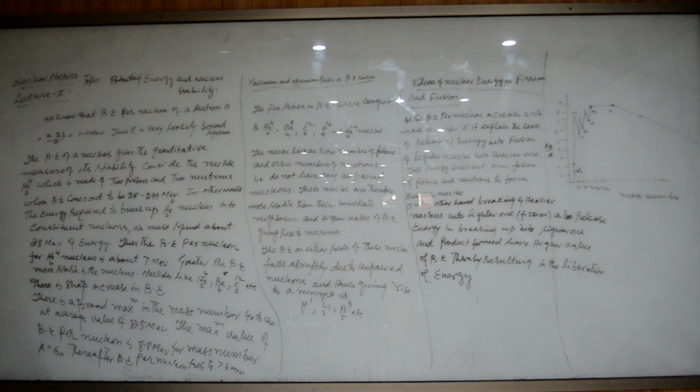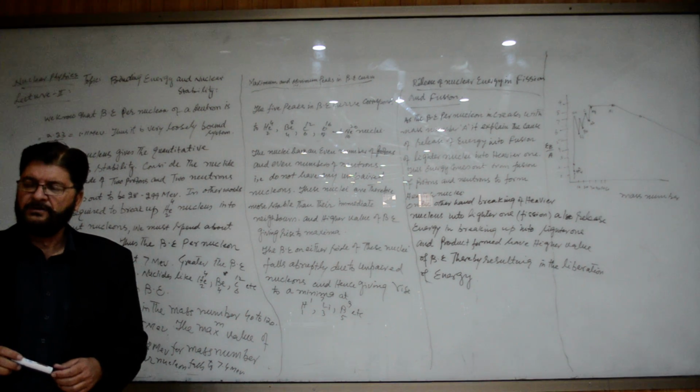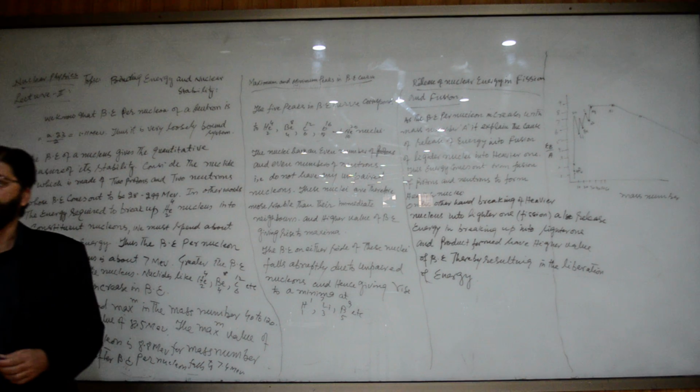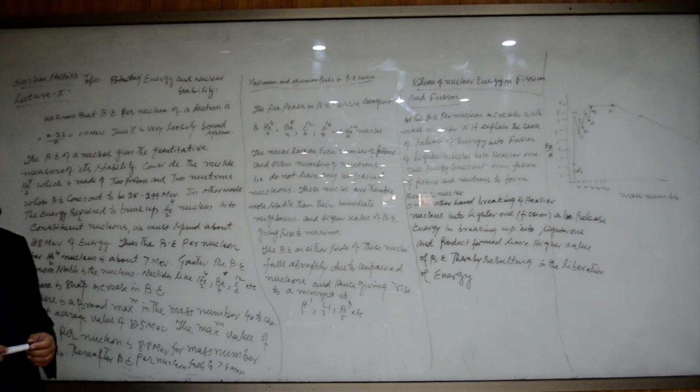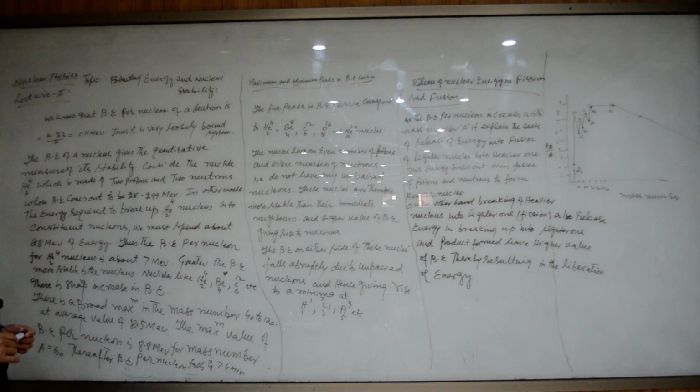As we know that binding energy is the energy required to break a nucleus into its constituent nucleons like protons or neutrons. Now you see the binding energy curve, which has already been drawn.